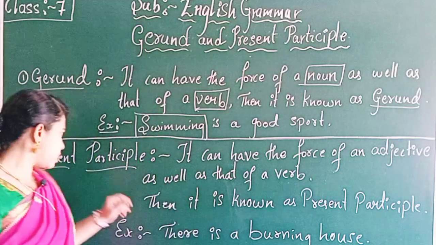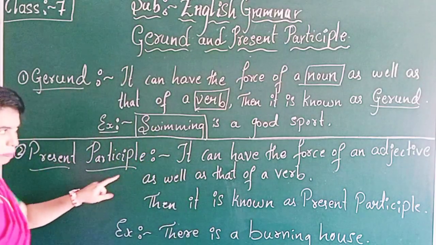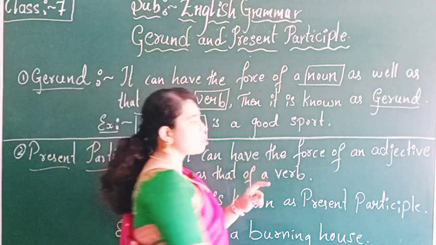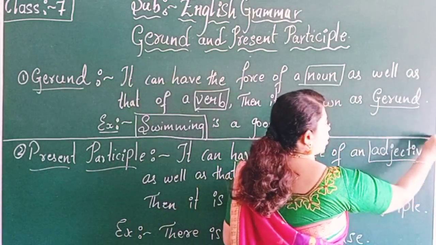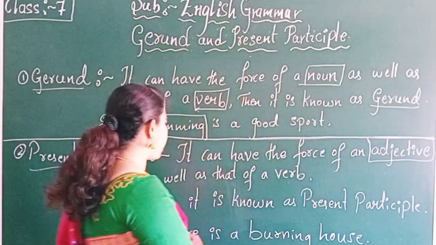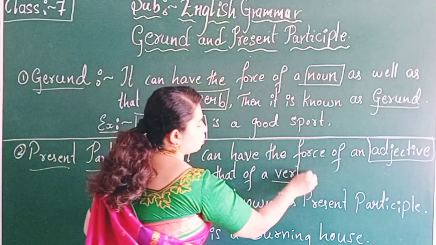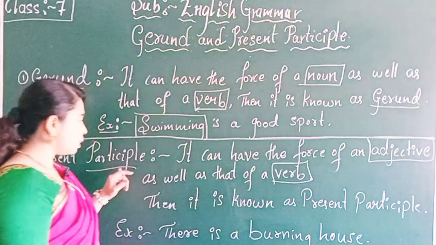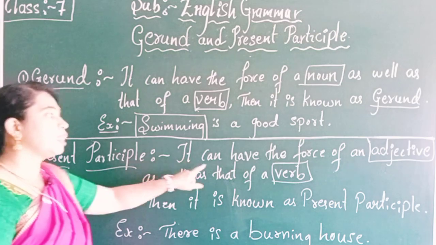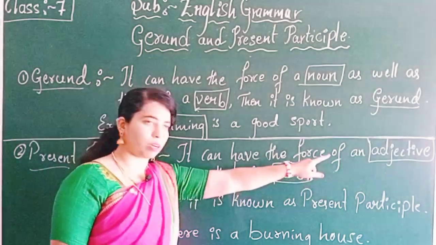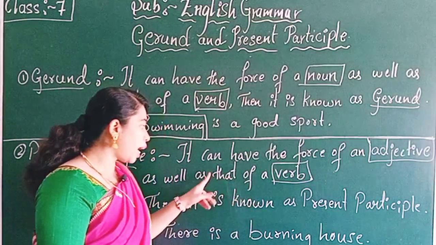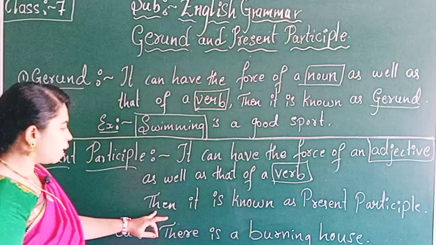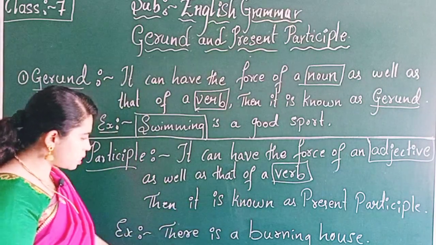In the other case, the present participle can have the force of an adjective as well as a verb. In present participle, the word should have the force of an adjective, not a noun and verb. Then it is known as present participle.